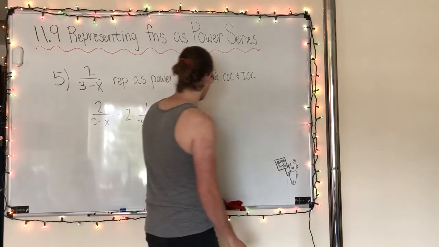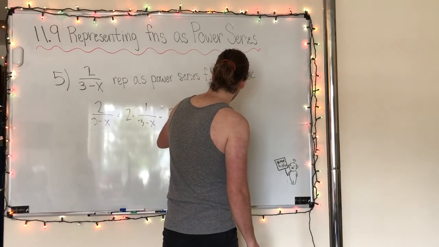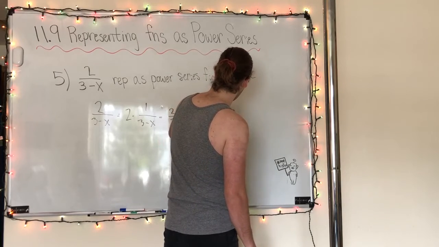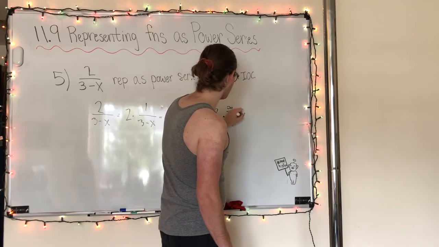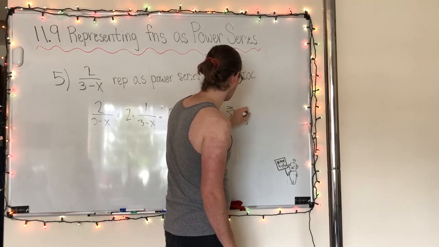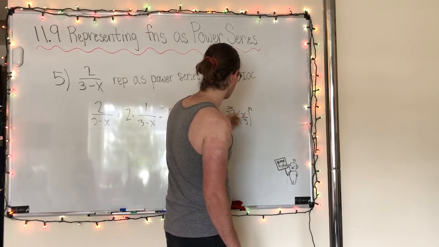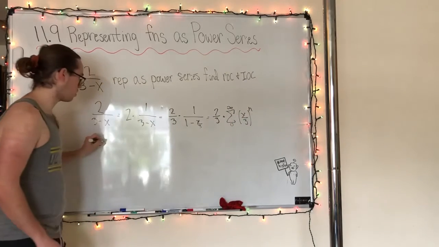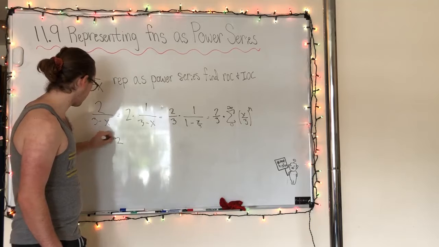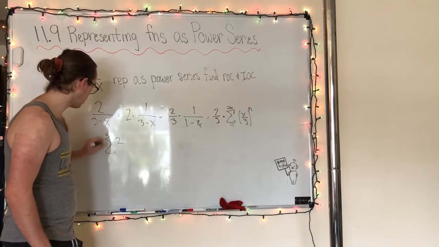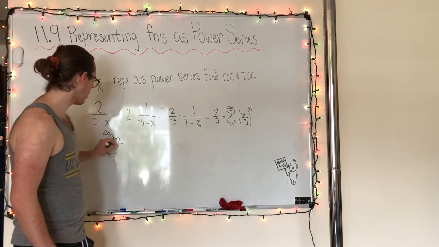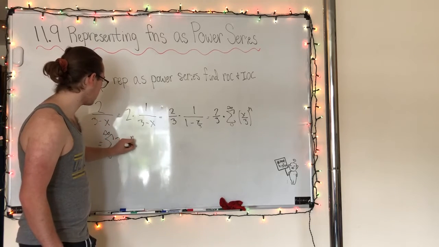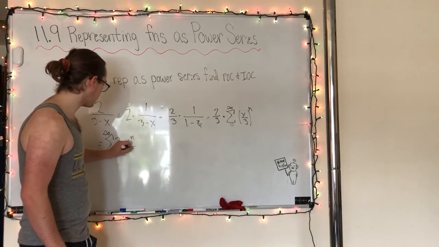Well, this is going to be equal to 2/3 times the sum from 0 to infinity of x over 3 to the n, which is then just going to be equal to the sum from 0 to infinity of 2 times x to the n over 3 to the n plus 1.